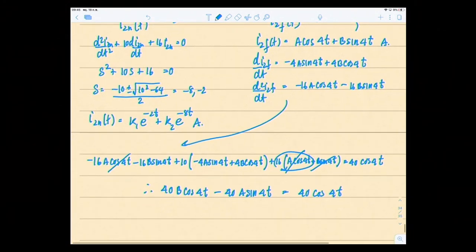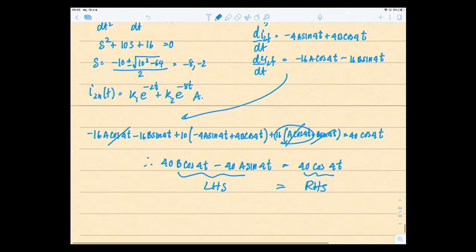Okay, so you compare the left hand side, which should be equal to the right hand side term. If you can see this, the cos: 40b cos 4t equals 40 cos 4t, so therefore you get b is equal to 1. Whereas the sine has a term on the left, but there's no term on the right, so we can assume that a is equal to 0.